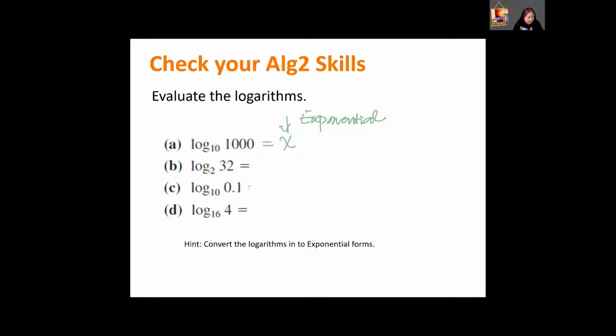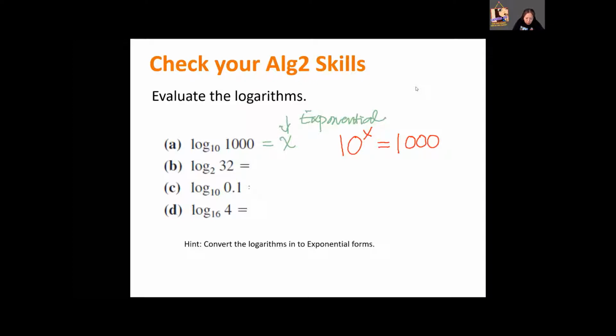Okay. Then what's going to be the base of this exponential equivalence? Anybody know? What's the base of the logarithm that we have? 10. 10, yes. So now this is going to be base 10, then raised to the power of what now? X. X, yes. And then it's equal to? 1,000. 1,000, yes.